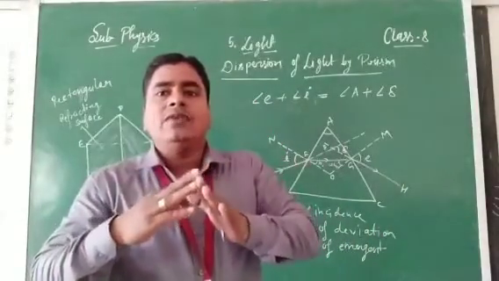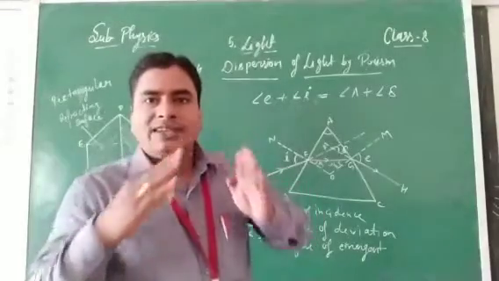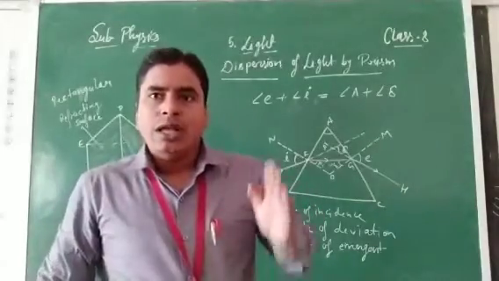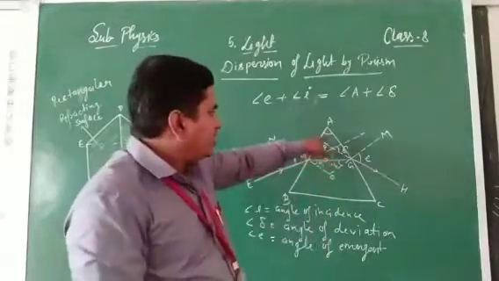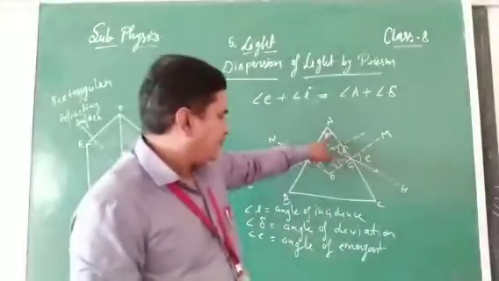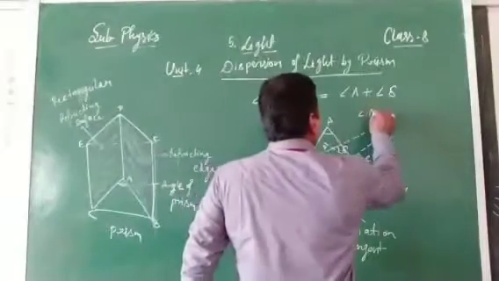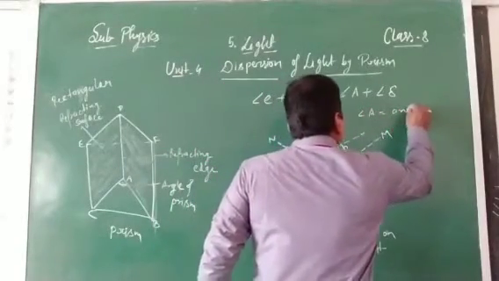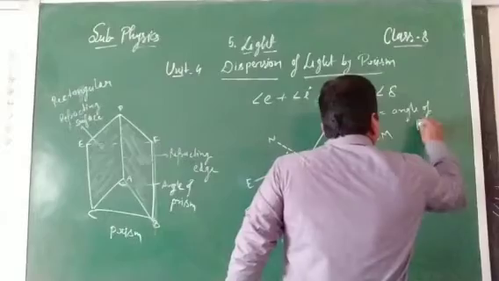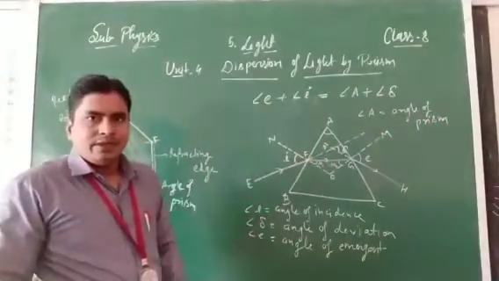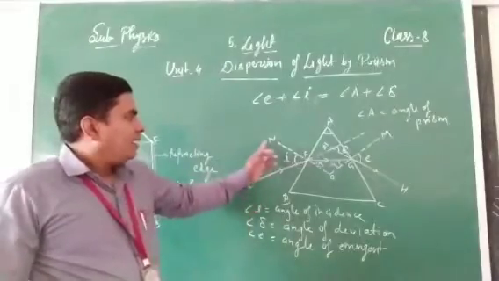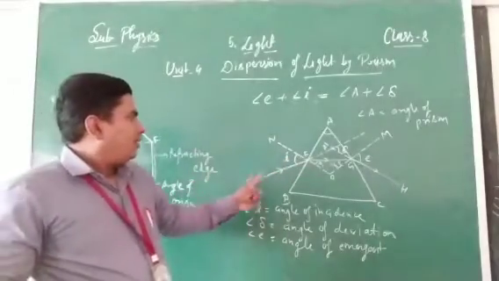Either the angle between 2 refracting surfaces or 2 rectangular surfaces is called the angle of prism. So this is called the angle of prism. This A is called what? Angle of prism. Angle of prism. Okay.